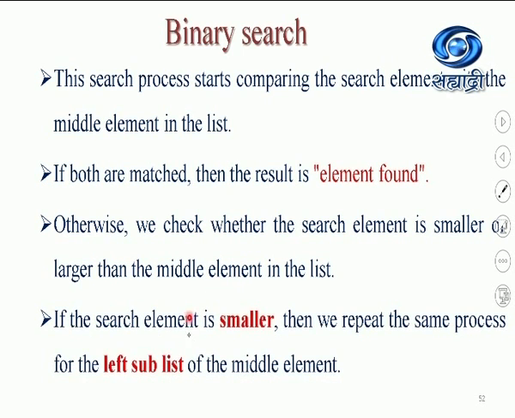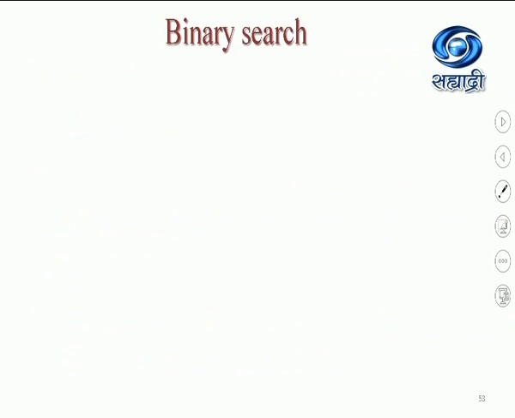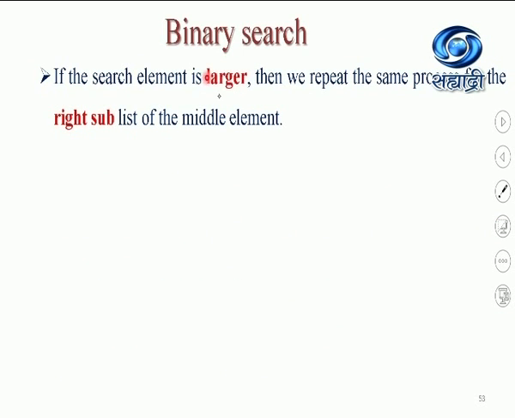If the searching element is smaller, then we repeat the same process for the left sublist. That is, your element is present in the first half. And if your element is larger than the one at the middle location, it indicates that the key element is present in the second list, called the right sublist.